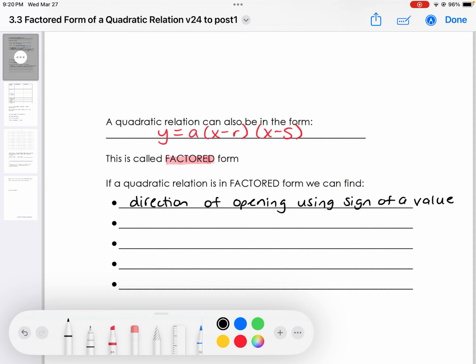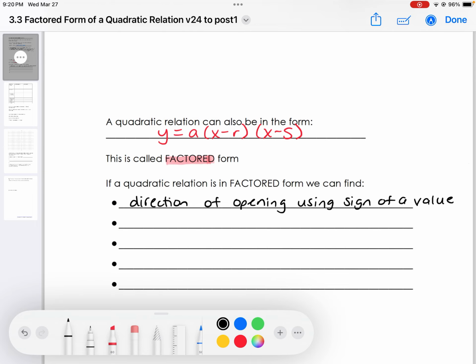I don't need to write the positive and negative stuff because we already just did it. It can also help us figure out what the y-intercept is, and we'll talk about that in one of the examples.